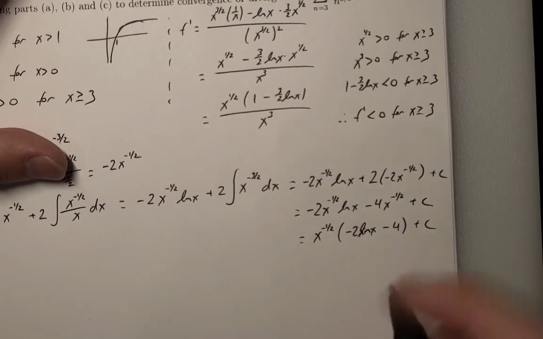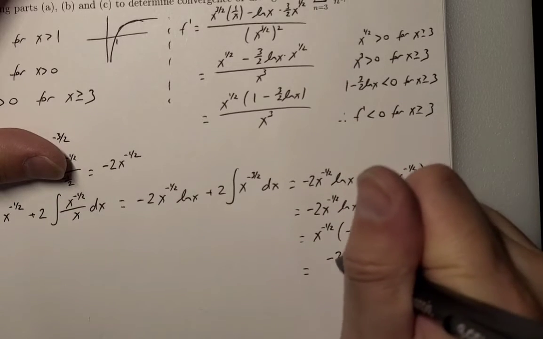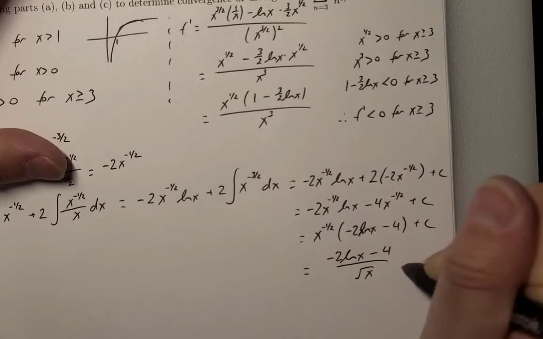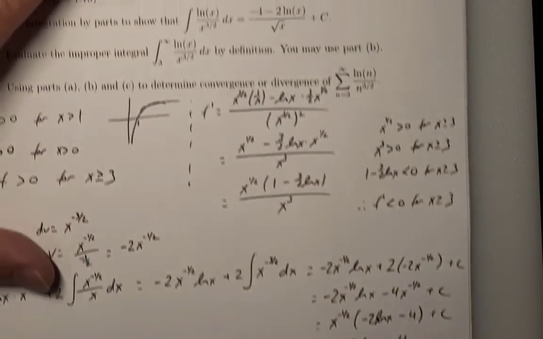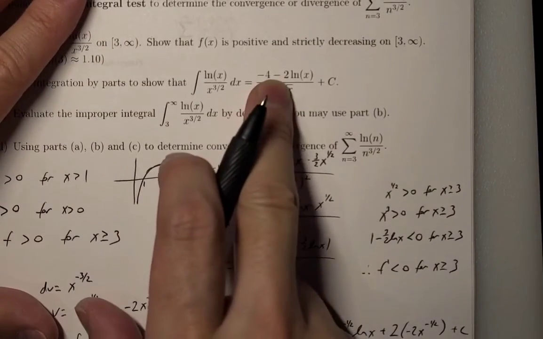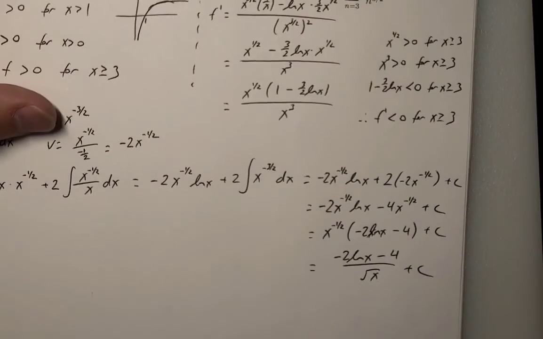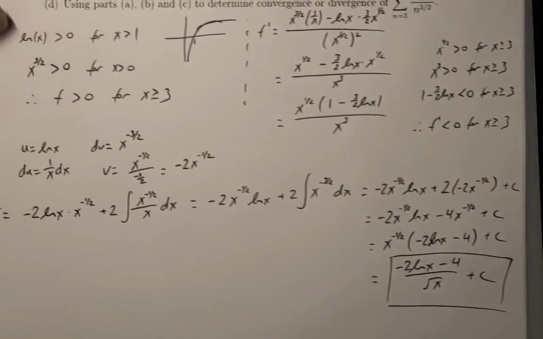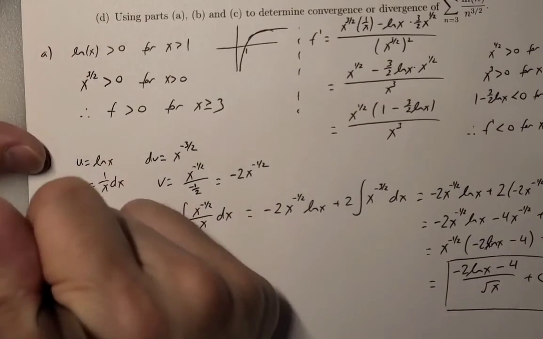And then we can move this negative exponent down, so it'll be minus 2 ln x minus 4 over square root x. And this is exactly what they have right here, except I just have the minus 2 ln x first. Easiest type of problems, when you just have to verify.